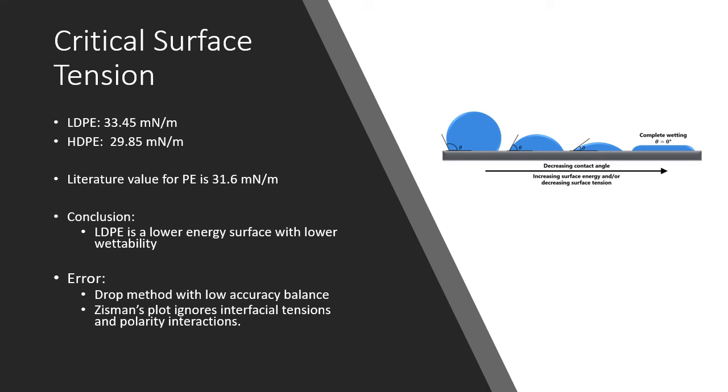In conclusion, we can see that the low density version is a lower energy surface and therefore has a lower wettability. The error in this experiment, the drop method, there are obviously issues with the balance where multiple drops can under or overestimate the actual mass because the balance limitation is plus or minus 0.5 grams.